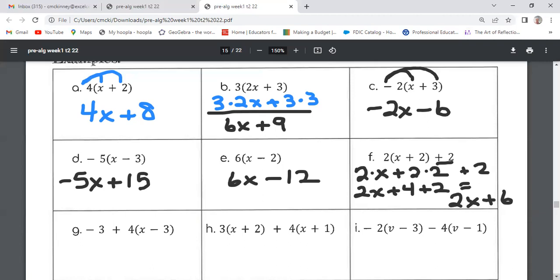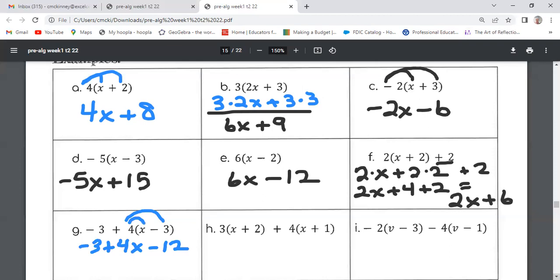So we need to distribute first: 4 times x, 4 times -3, and the -3 at the beginning just comes down and waits. It's going to get added on the next step. Do not do -3 plus 4 first.